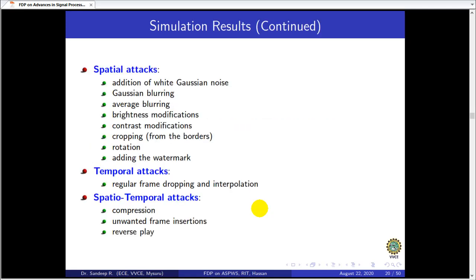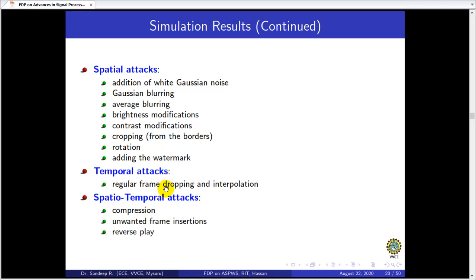The spatial attacks that were considered were addition of white Gaussian noise with different variance values, Gaussian blurring again with different variances, average blurring with different mask sizes, brightness modifications, contrast modifications, cropping with different percentages of pixels cropped from the border, rotation with different angles, and adding a watermark.